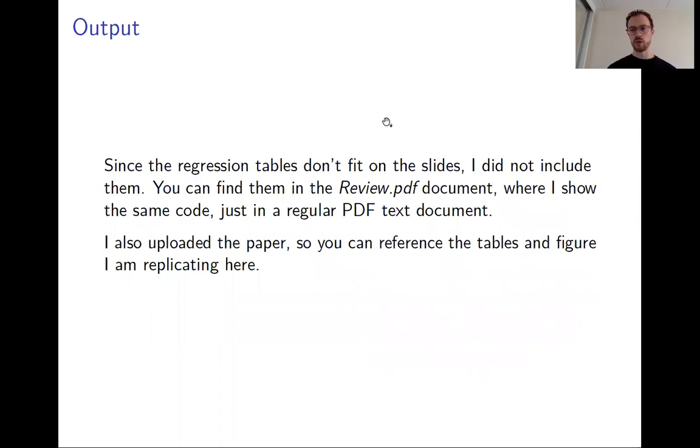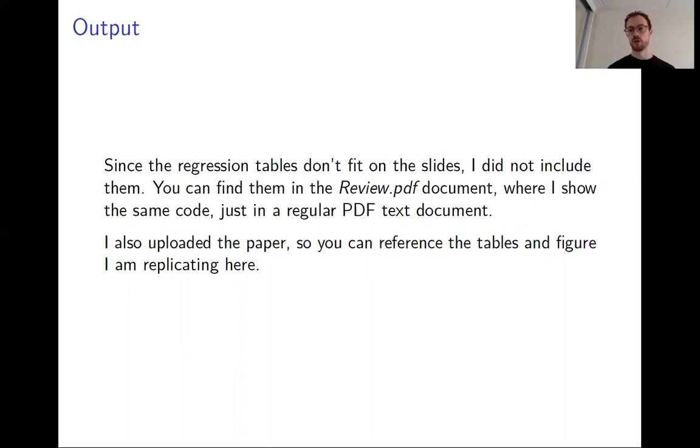So since the output does not fit on the slides, because each of these tables in the paper contain at least 3 regressions, they're way too big to fit nicely on these slides. I have chosen to just not include them here. So I included them into a separate document called review.pdf.